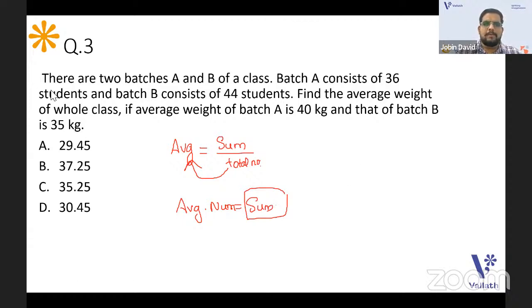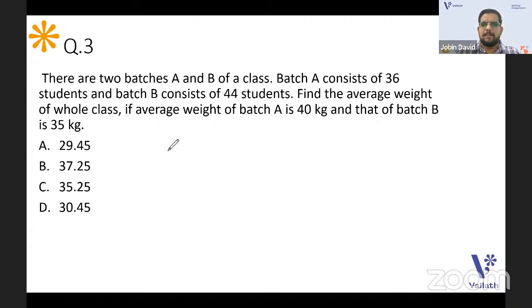So there are two batches, A and B. In A, the average given is 40 kilogram. A consists of how many students? The number of students in A is 36.